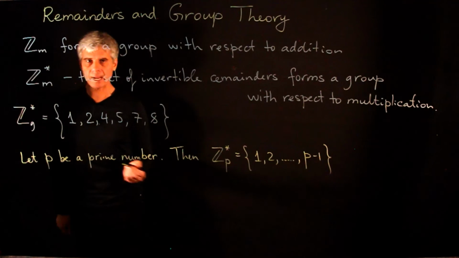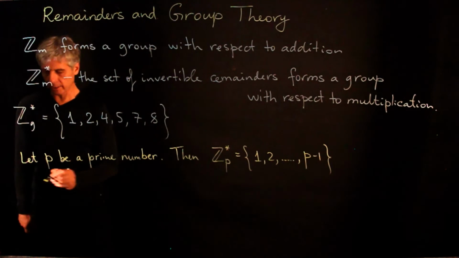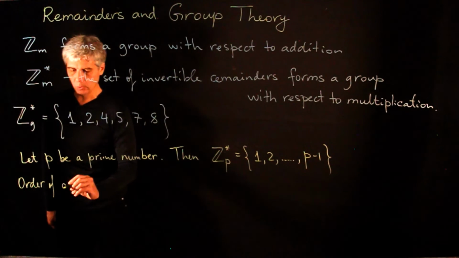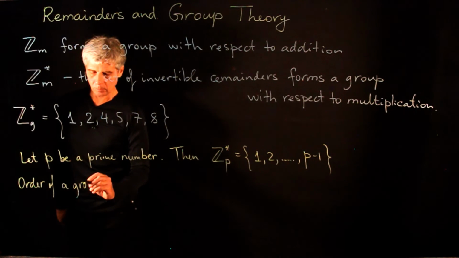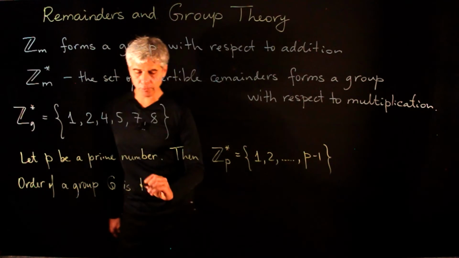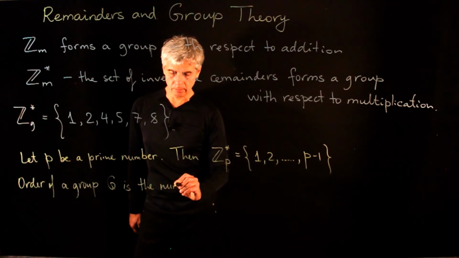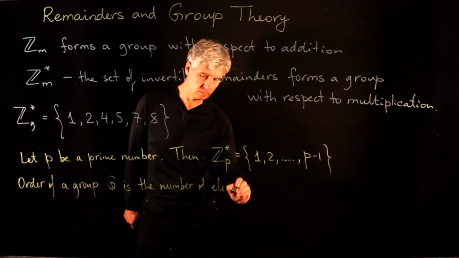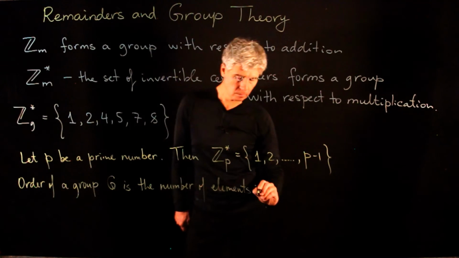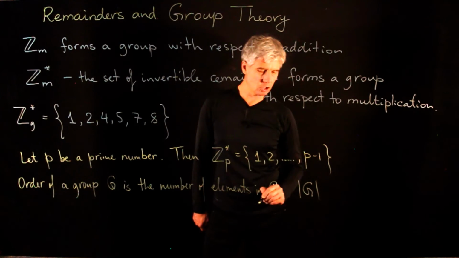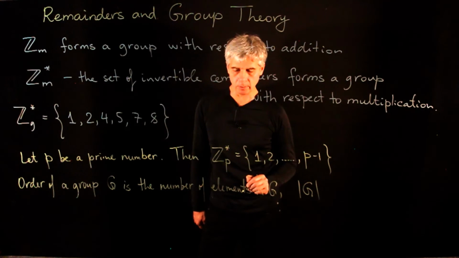An important parameter of a group is its order. So the order of a group G is the number of elements in this group. This is denoted by G in vertical bars.